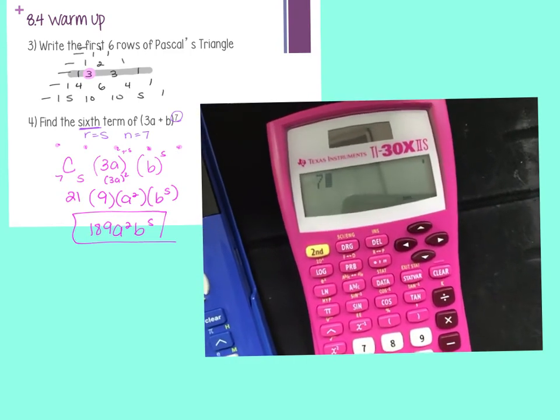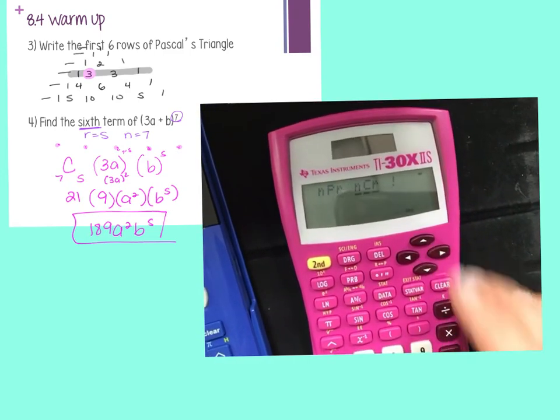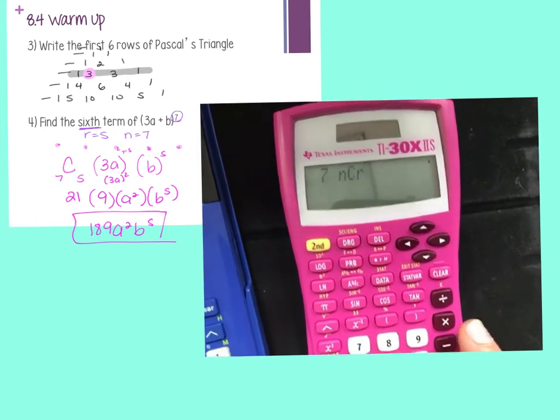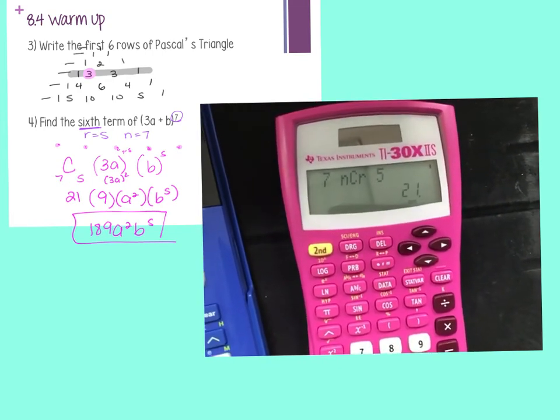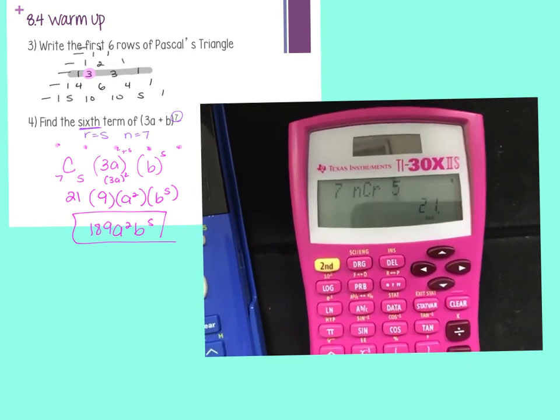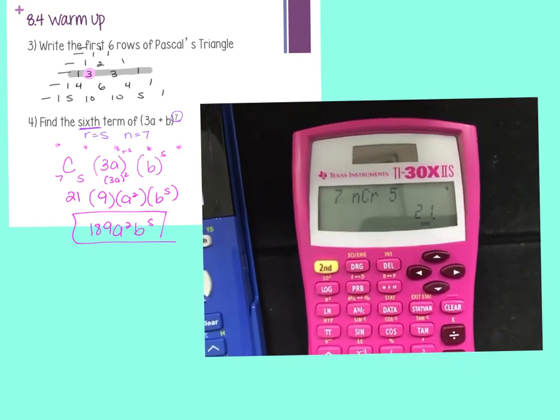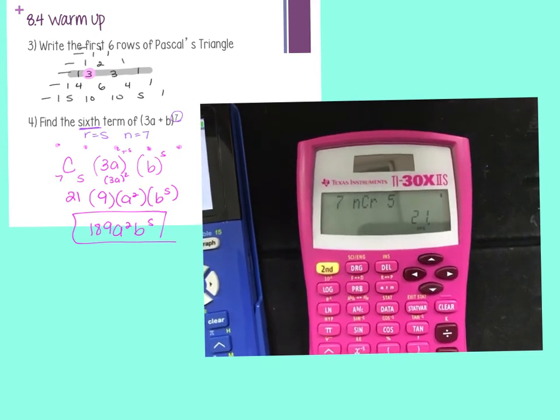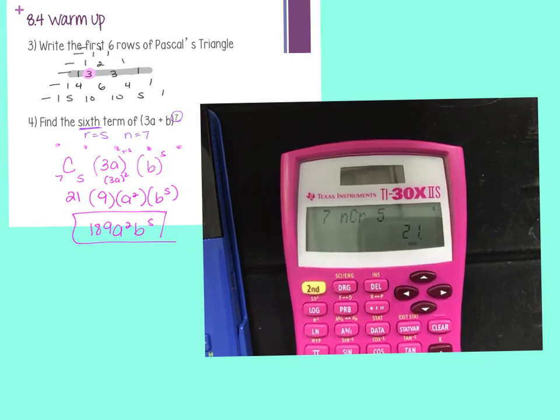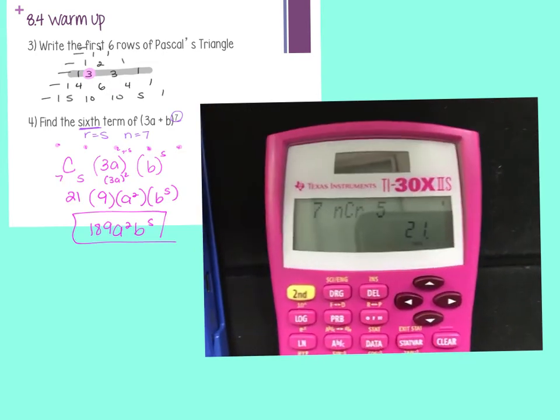You're going to do 7, PRB, go over to NCR, and then 5, and hit enter, and there's my 21. Almost every calculator has it, obviously not the 4 function ones. So it's important to know. I would give yourself 2 options, a scientific and a graphing one, but most likely if I'm going to give you scientific, I'm going to give you graphing, because graphing is not the problem this time.